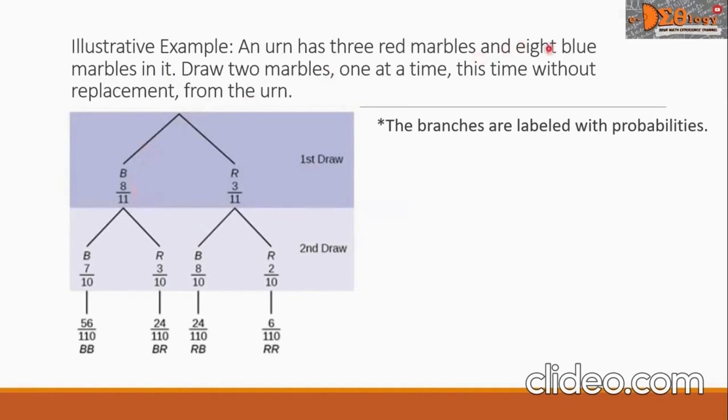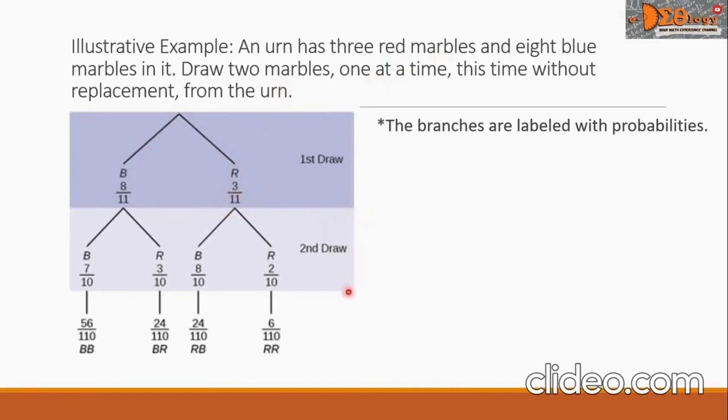There are 8 blue marbles in the urn and a total of 11 marbles in it. The second branch represents the probability of taking a red marble. There are 3 red marbles in the urn, so this is 3 over 11. Again, that 11 is the total marbles in the urn.